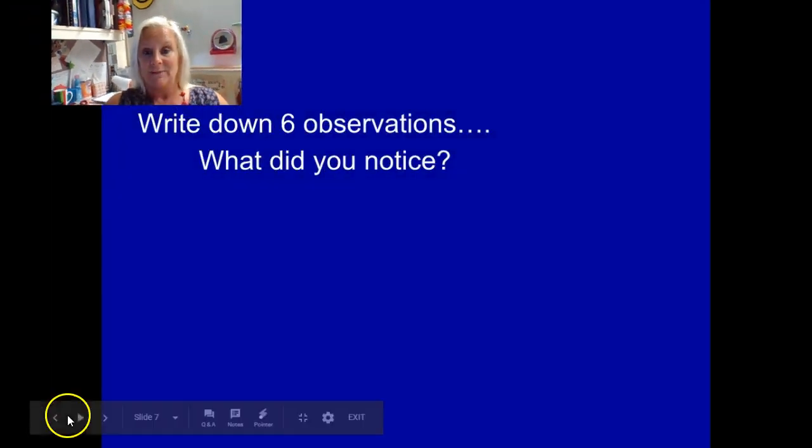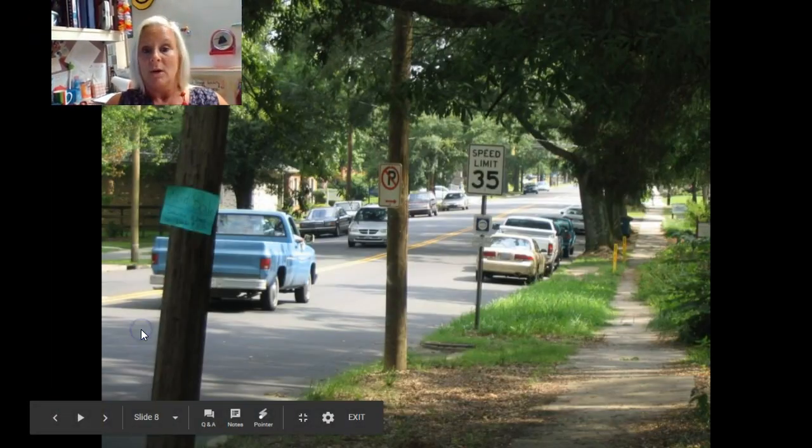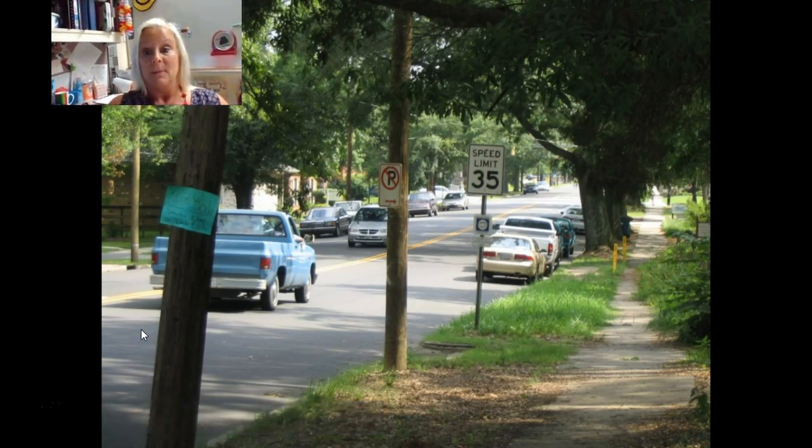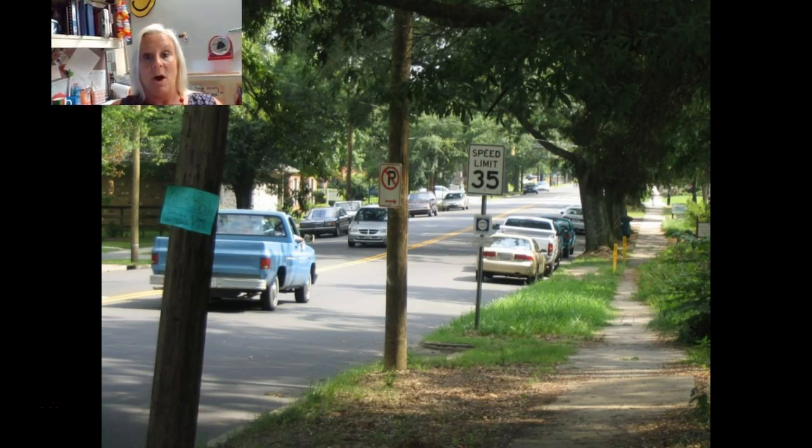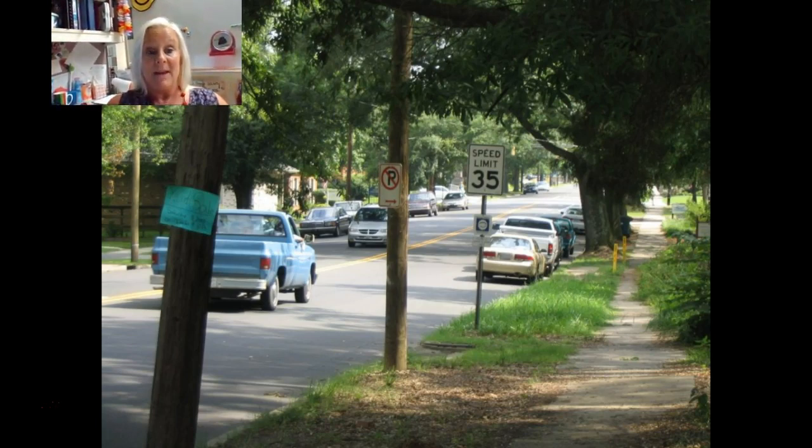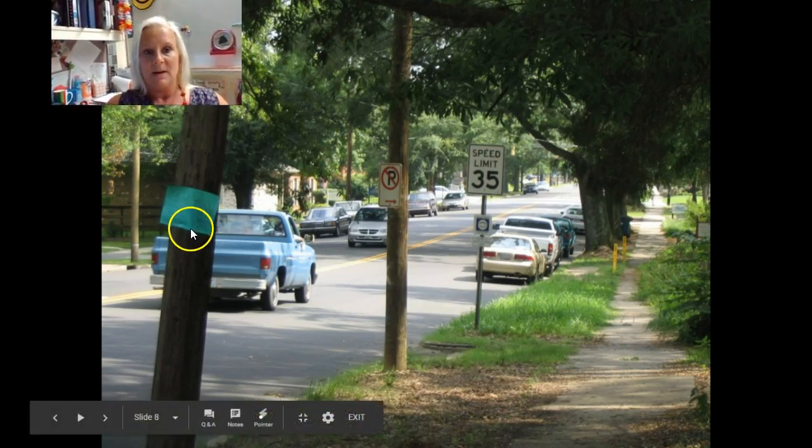So you may have noticed that in that picture there is a blue pickup truck in the middle of the road. Maybe you noticed that there were 2 yellow posts farther down the sidewalk. Maybe you counted the number of cars that were actually there. Maybe you noticed that there was a yard sale sign right up here on this telephone pole.